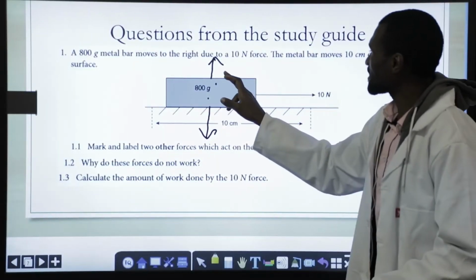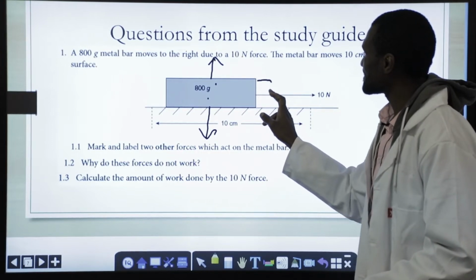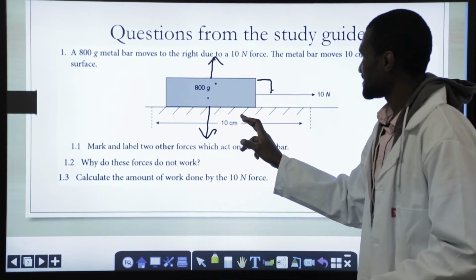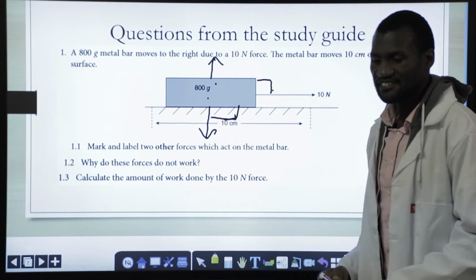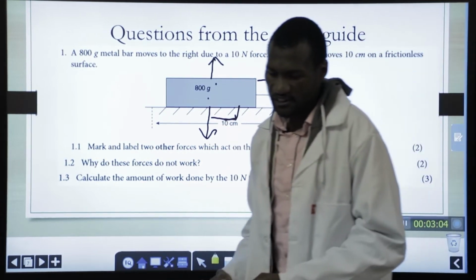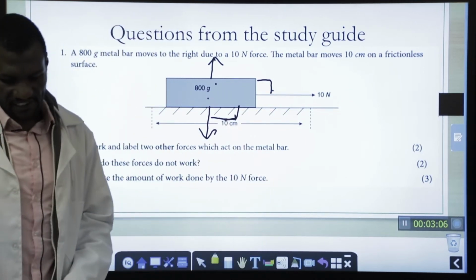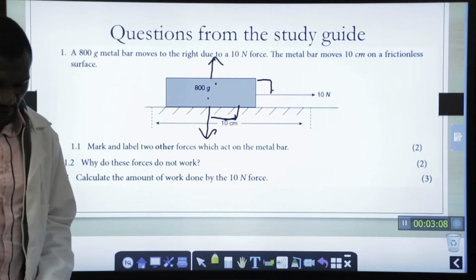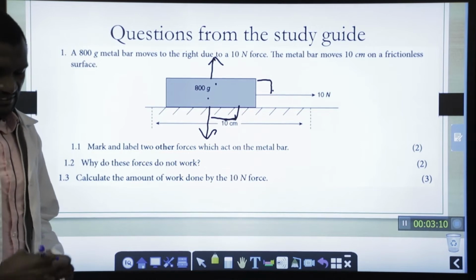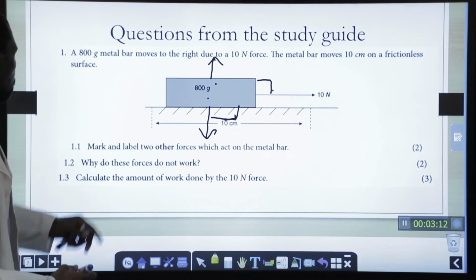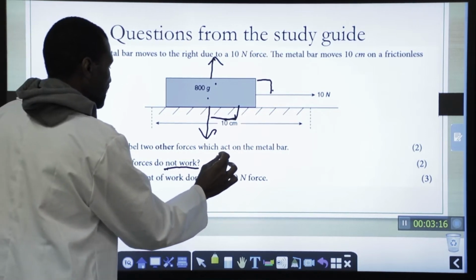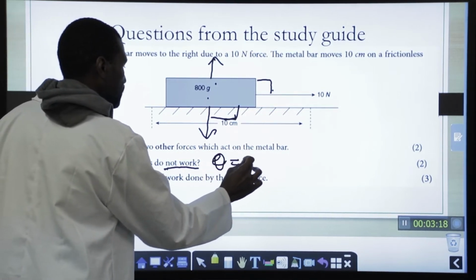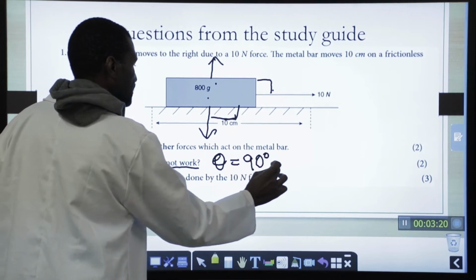Because they are working at 90 degrees to the change in displacement. In other words, what we see happening here is that according to our understanding where zero force or no work is done, the theta in this case is equal to 90 degrees.